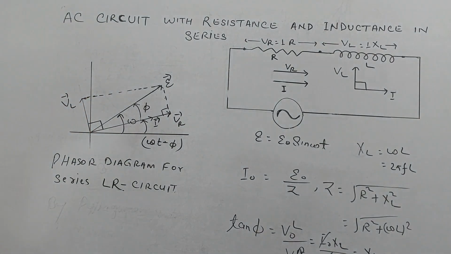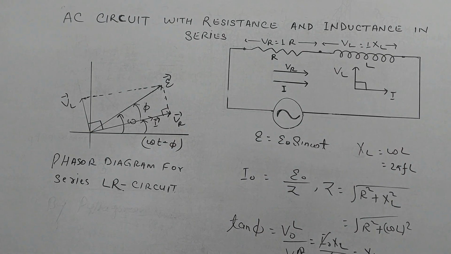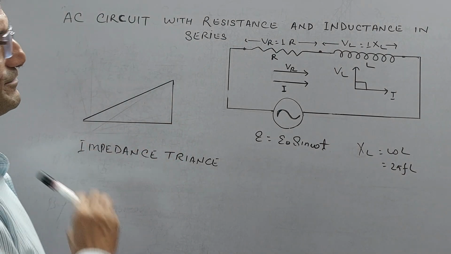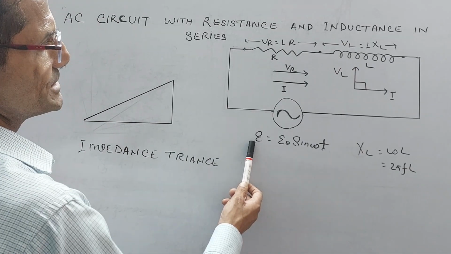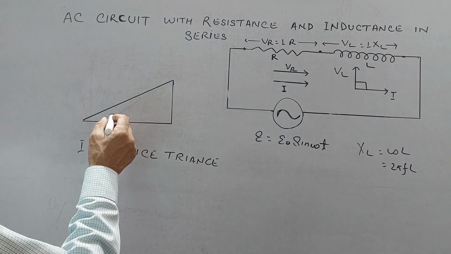Now this angle can also be calculated from the impedance triangle. Now this is our impedance triangle. The phase angle between current and voltage can be found from here.